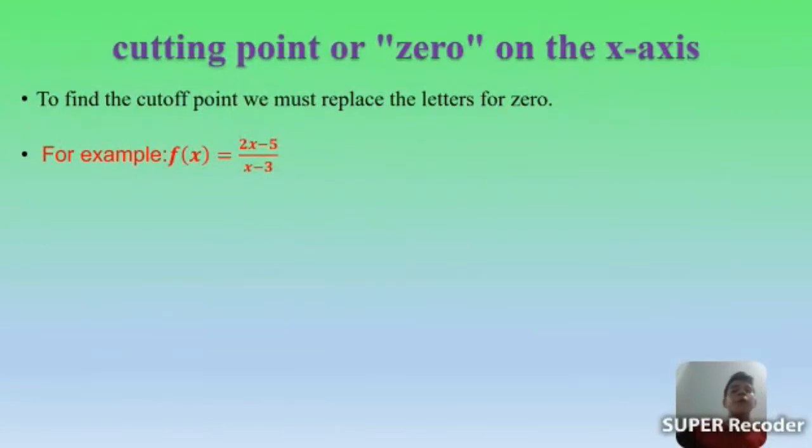Cutting point 0 on the x-axis. To find the cut point, we must replace the letter with 0. For example, f of x equals 2x minus 5 over x minus 3.